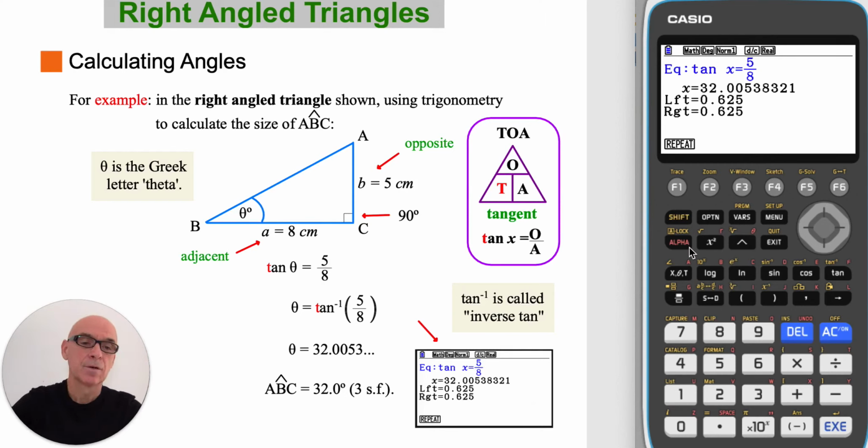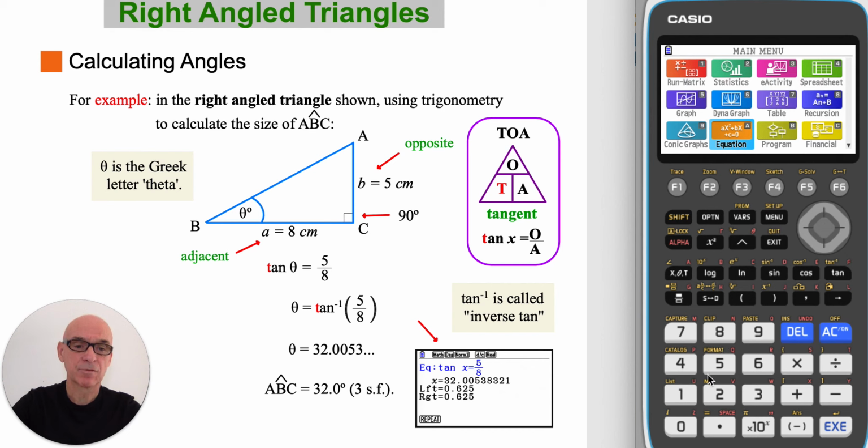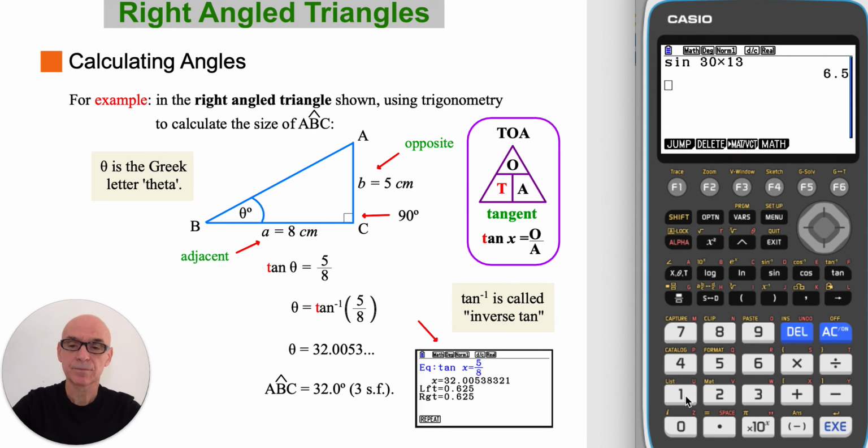And to do this, from the main menu, if I select Run Matrix and type in the calculation, pressing shift to access inverse tan, and then put in a bracket and a fraction, and again 5 in the numerator, and scroll down, put in 8 in the denominator, and scrolling back up and closing the bracket and pressing execute to perform the calculation. So angle ABC is equal to 32.0 degrees, correct to 3 significant figures.